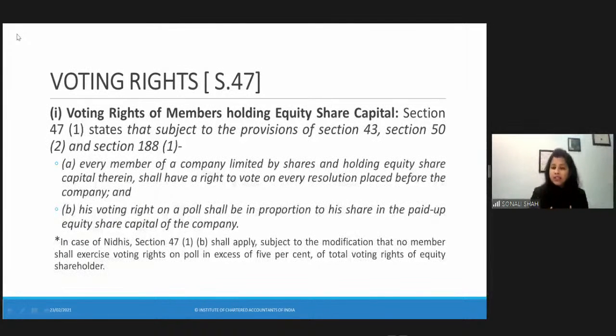If it is a cumulative preference share, its dividend will be accumulated. And if it is a non-cumulative preference share, the dividend will not be accumulated. But in the equity shareholders' case, they are not entitled to any fixed rate or amount of dividend. If a dividend is not declared in any year, their dividend will lapse and they will not get any money or dividend as a right. Is that clear?